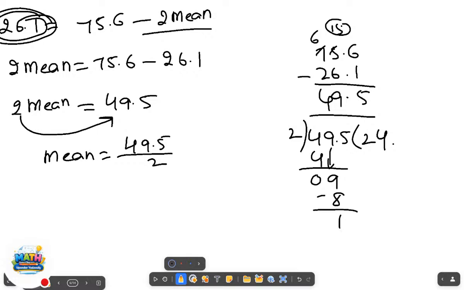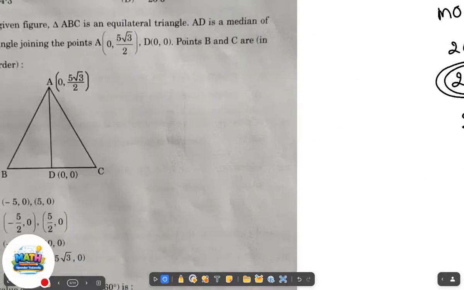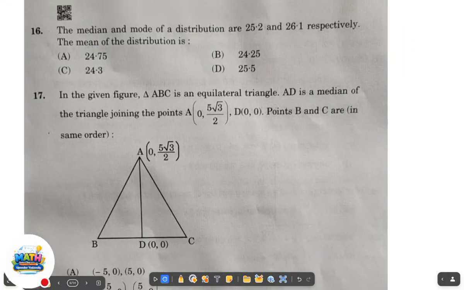If you put the point, this 5 will come down. 2 7s are 14. So remainder 1 and 0. 2 5s are 10. So 24.75. Do we have this option? 24.75. Yes, option A is the right answer.